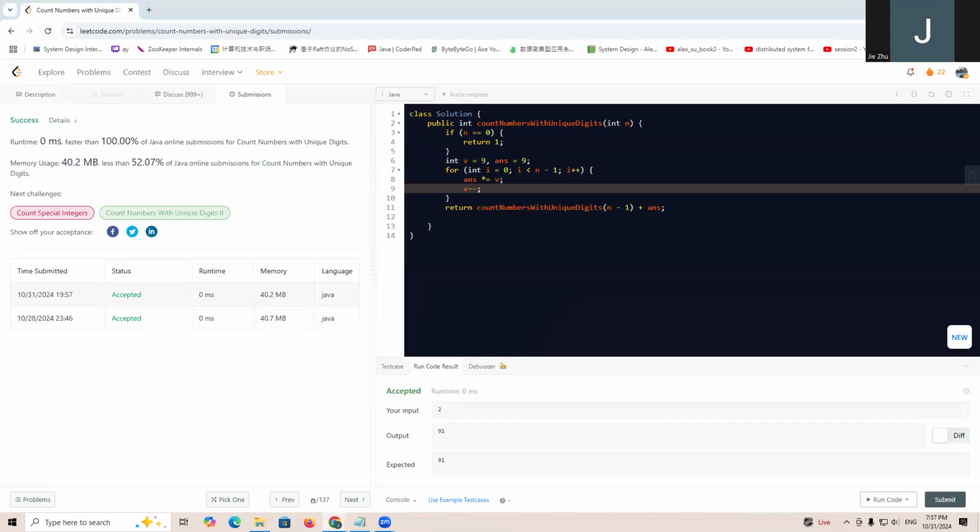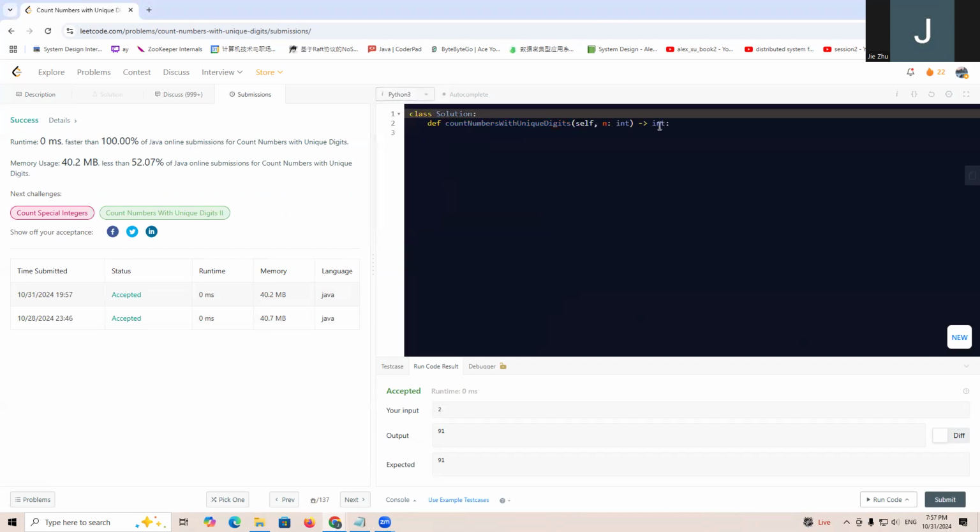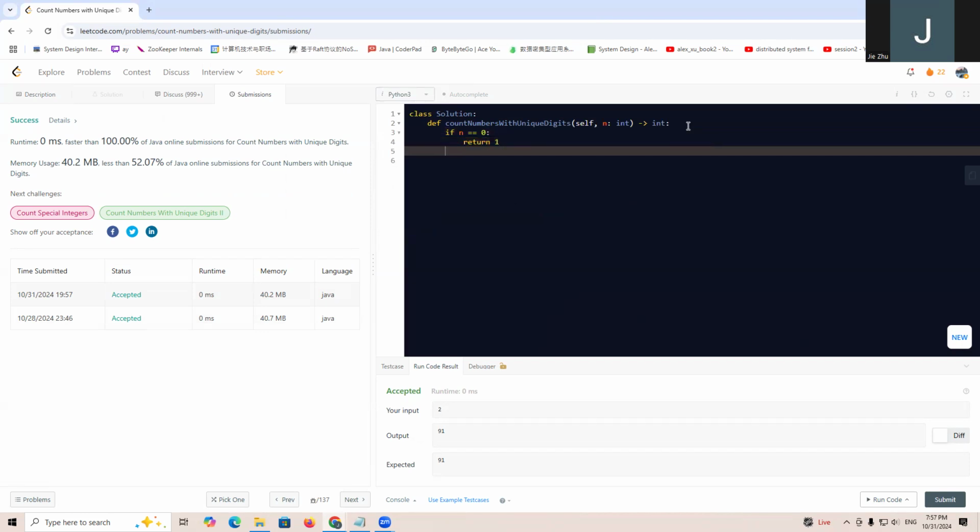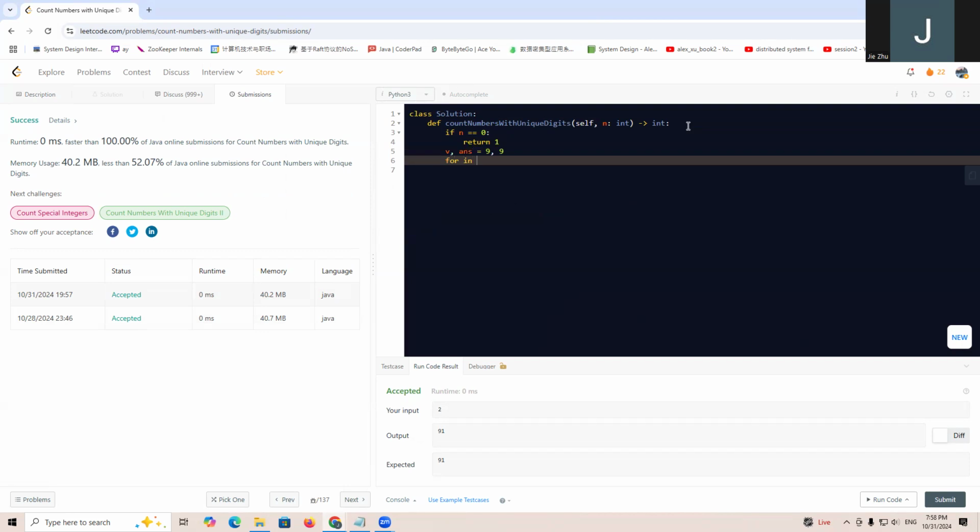And the Python code will be very similar. Let's write a Python one as well. This is the exit condition, return 1. And we're going to have v and answer equals 9, 9, for i in range n minus 1.